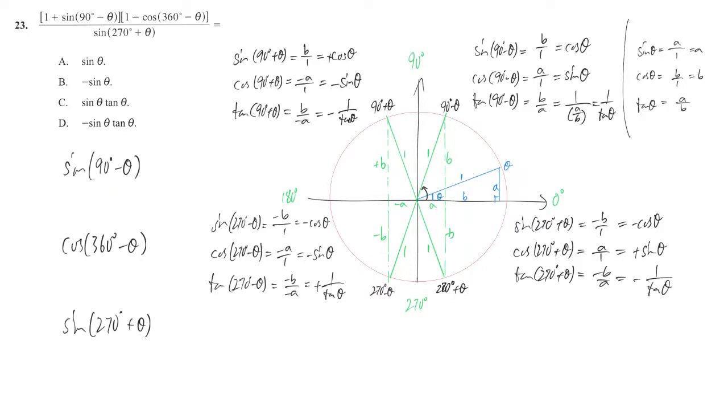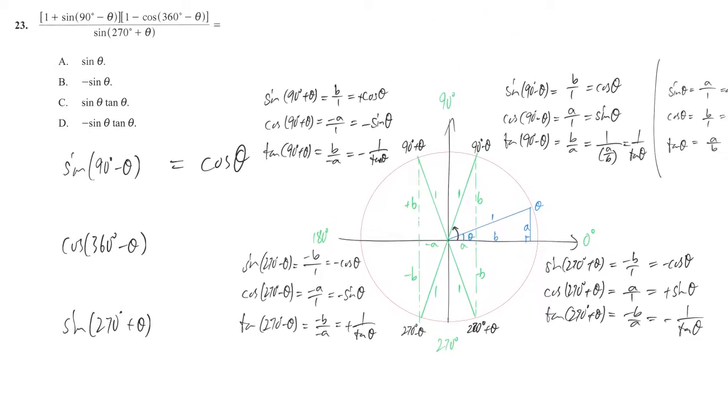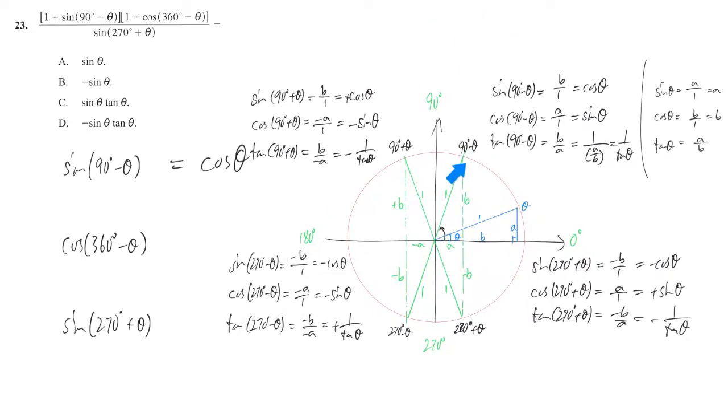That's why sine will change to cosine ratio. So that's why this is equal to cosine ratio, cosine theta. We don't need to change the sign, it's because the x coordinate and y coordinates are both in positive region. So it's referred to the cosine ratio have the same value, are also positive.